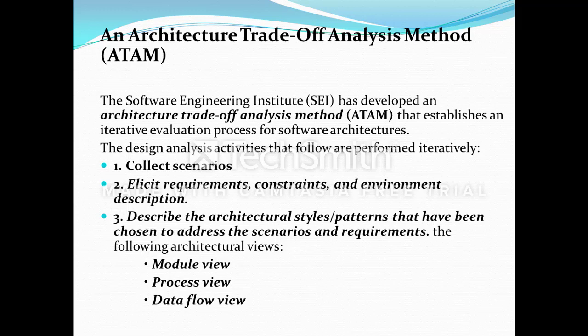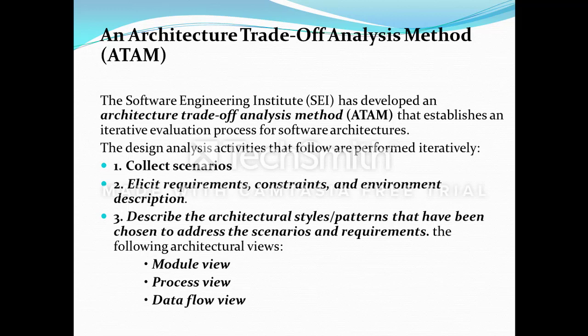Next, third activity, describe the architectural styles or patterns that have been chosen to address the scenarios and requirements. This activity again has some architectural views. First one is the module view, for analysis with the components.